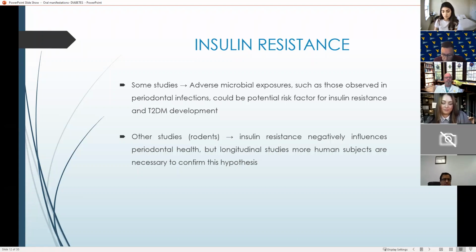Systemic inflammation is known to be elevated among participants with periodontal infections and also has been shown to predict the progression of insulin resistance as well as the development of type 2 diabetes. Other studies, mainly animal studies, have hypothesized that insulin resistance negatively influences periodontal health, but longitudinal studies with human subjects are necessary to confirm this hypothesis.